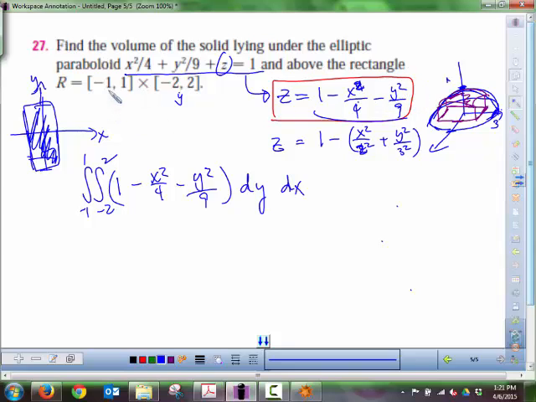So the -1 to +1 in the x can be trimmed down to just 0 to 1 and then doubled, because the x is being squared.